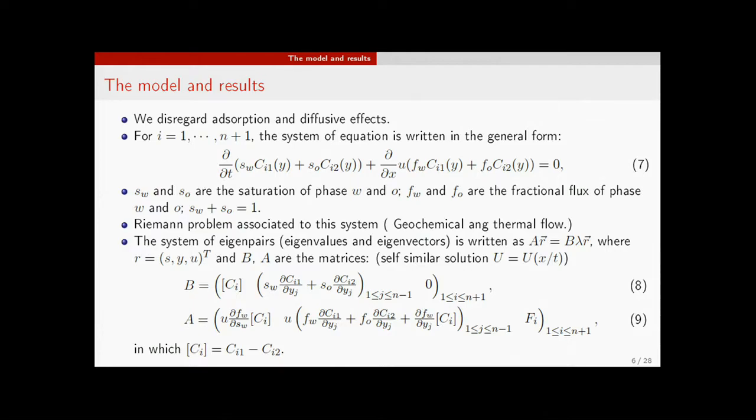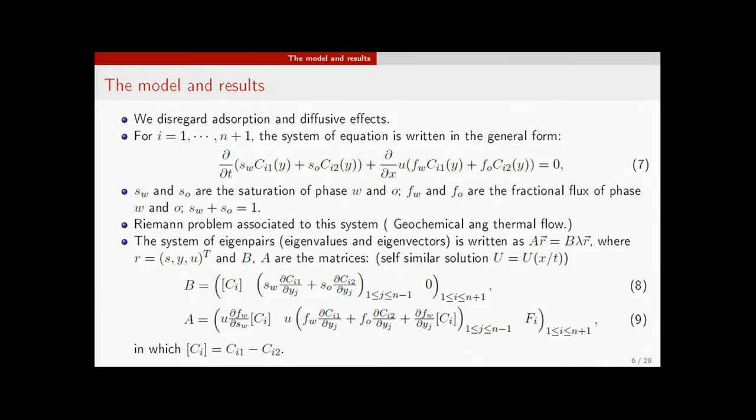Since we have n variables, we may think the problem is too difficult, but the structure of the accumulation and flux allows us to obtain a simple solution.